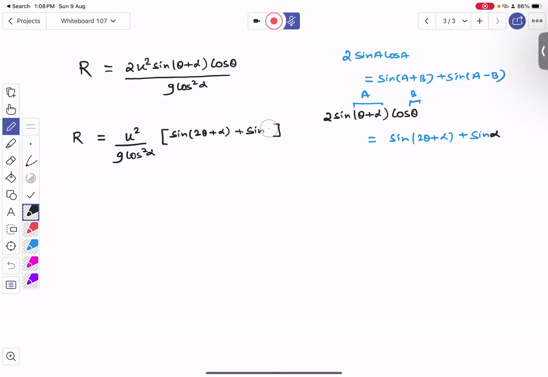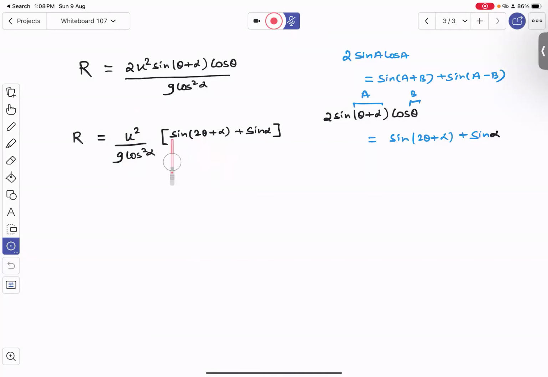The reason we have written it like this is that I want theta to appear in only one of the terms. In the earlier formula, theta comes in both the terms, so analyzing things could be difficult. If I ask you, u is fixed, speed not changing, g not changing, alpha not changing, only theta changes, then the only term that changes is sine 2 theta plus alpha.